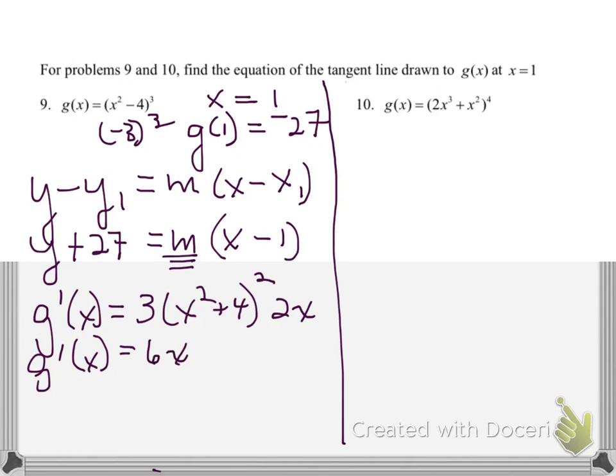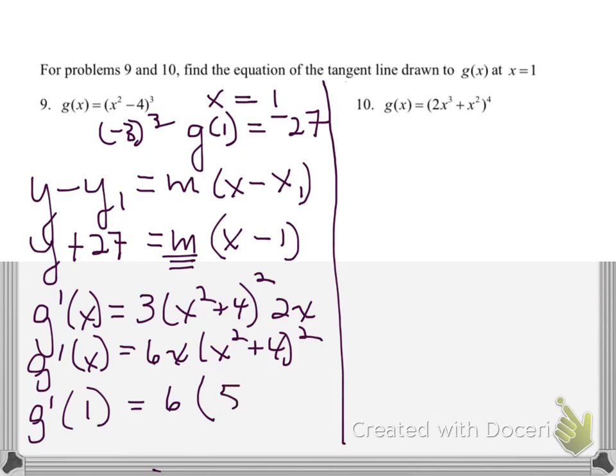So that's 6x times x squared plus 4 squared. Now I'm going to evaluate this where x is 1. So that's going to be 6 times 1, which is 6, and 1 plus 4 is 5 squared is 25. So what is 6 times 25?